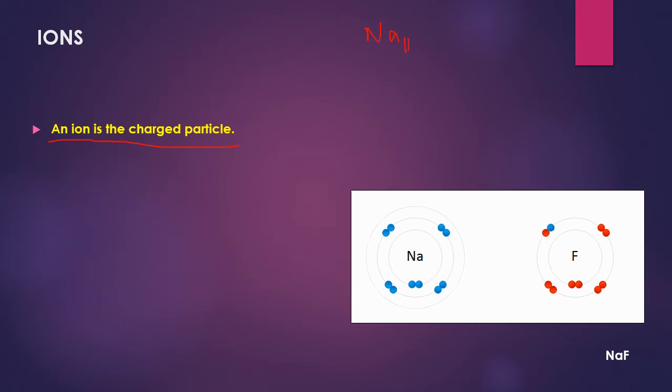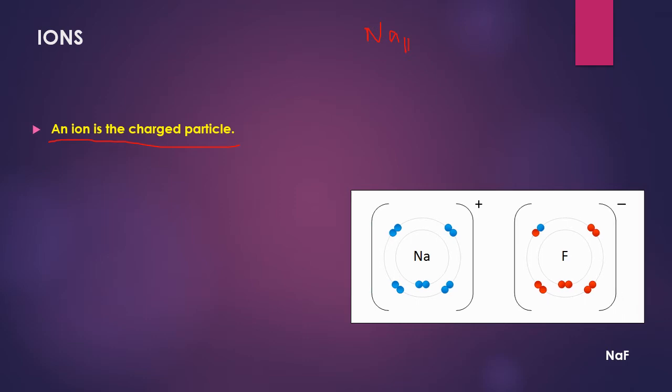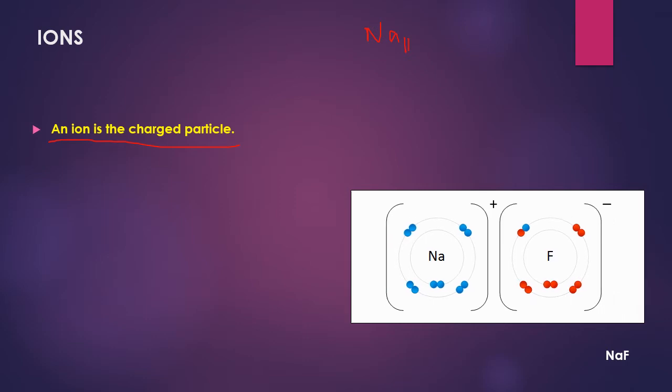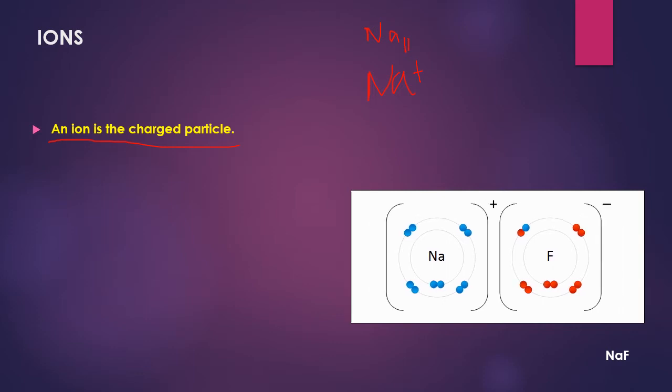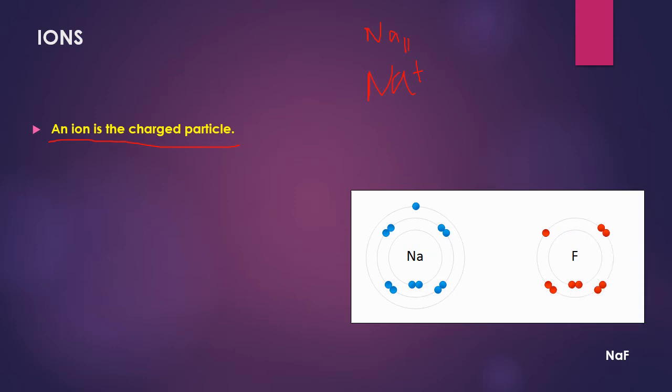Now this 1 electron will be given to another substance by Na, and when Na is giving 1 electron, it is becoming Na plus. Why? Because it is donating 1 electron, and electron is having negative charge. So when one negative charge is donated by sodium, it will become plus ion.